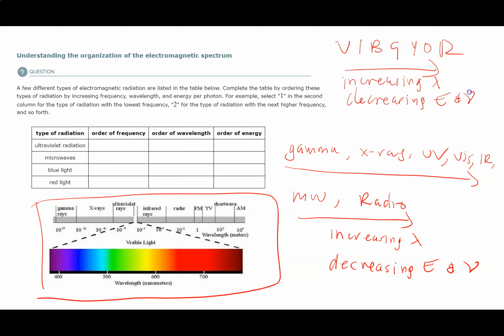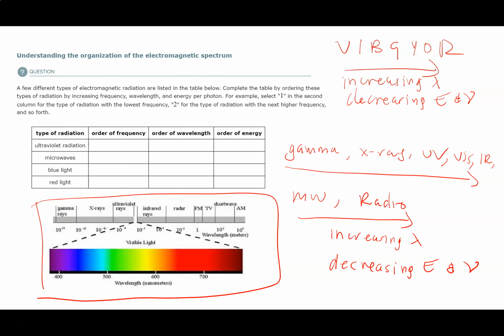So in this problem, it says that you are meant to select one in the second column for the type of radiation with the lowest frequency, and then number them up to the next highest frequency and so forth. So 1 is lowest.